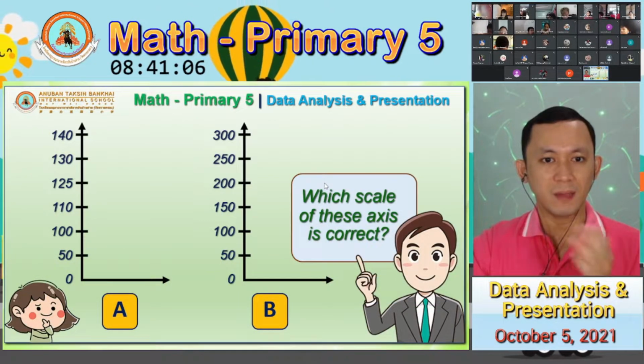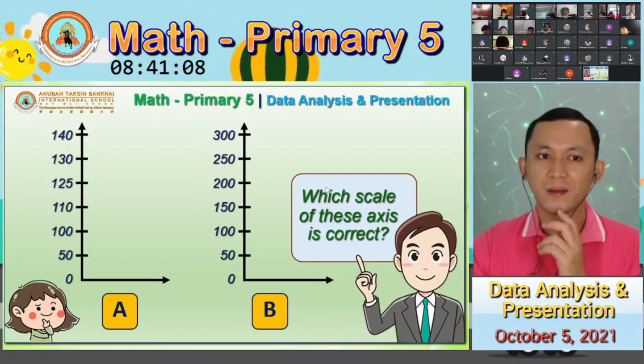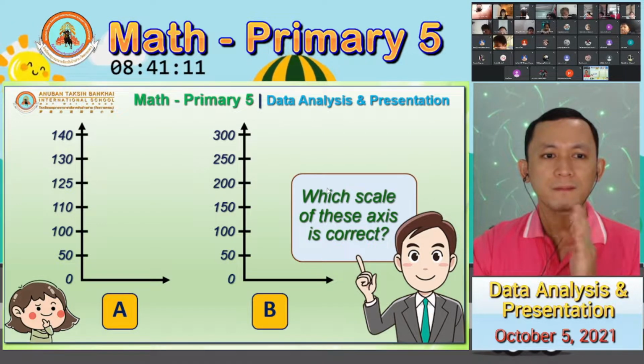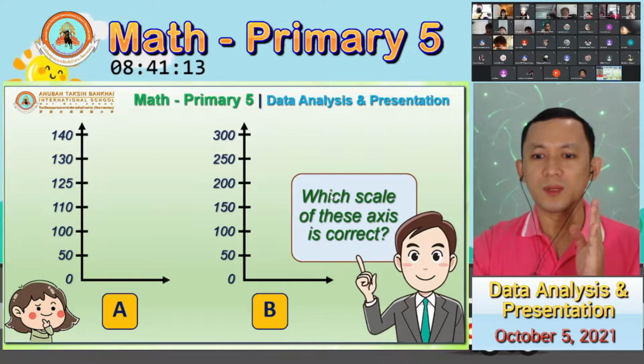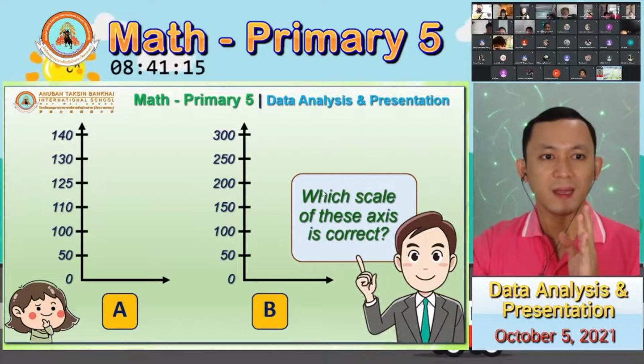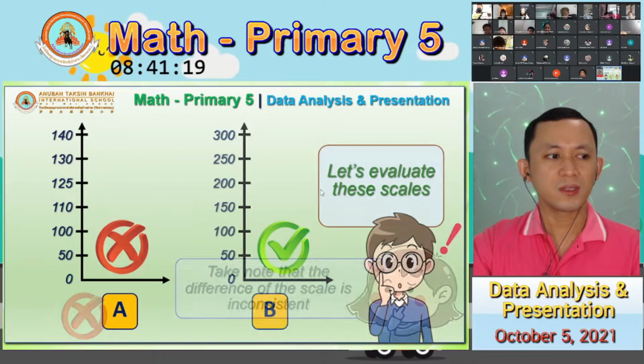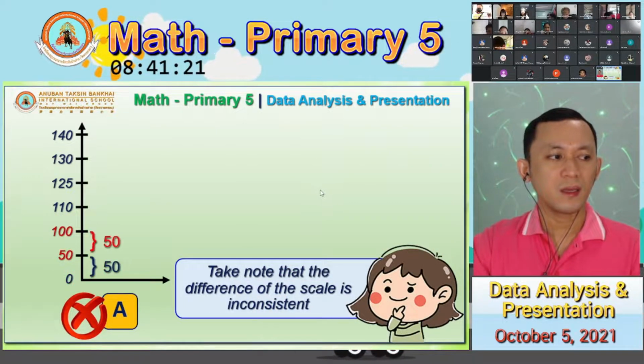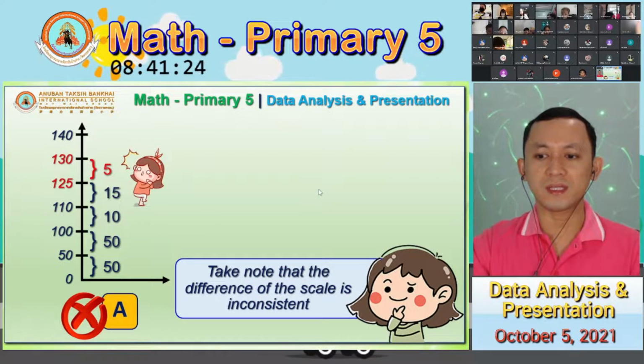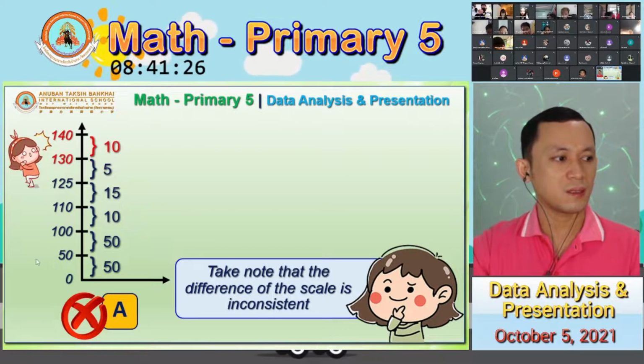Do you remember? Which one is correct again? A or B? Okay, letter B is correct. Teacher, why is letter A wrong? If you look at this one, these are inconsistent.